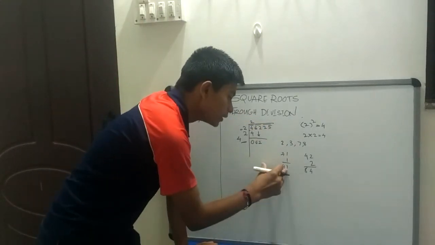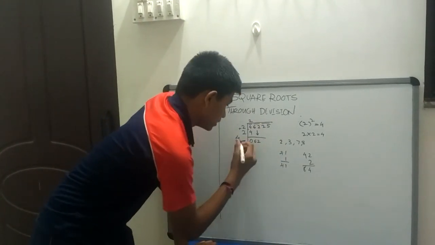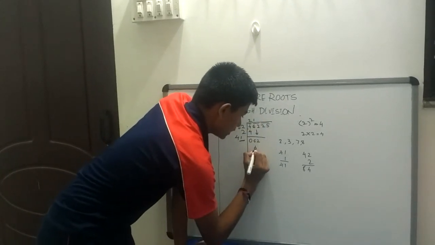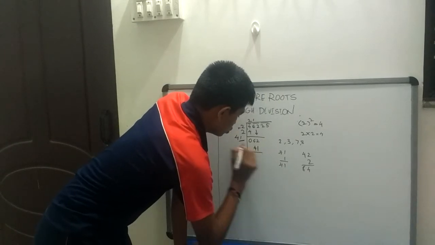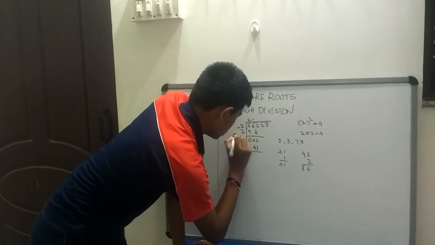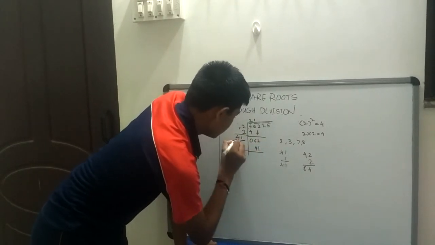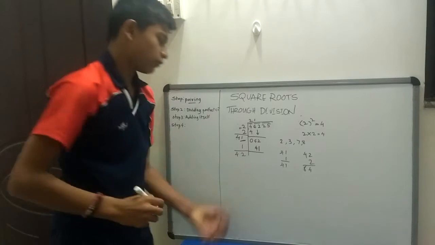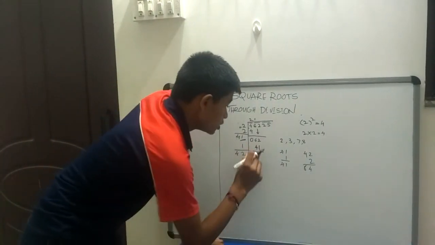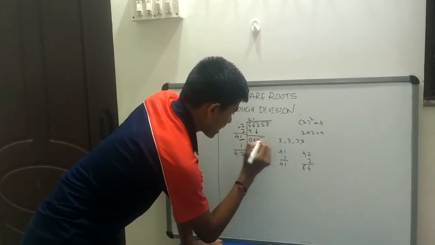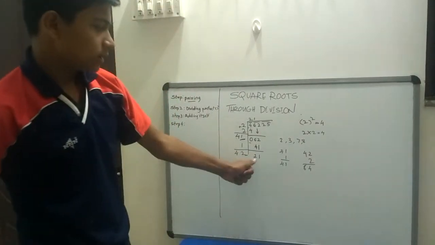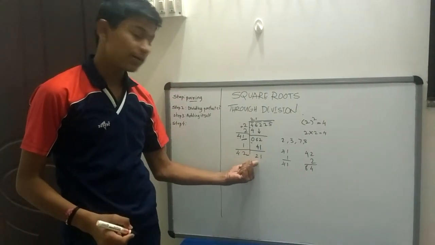So we will take 41 here. 41 ones are 41. We will add 1 with 1, so we will have 2, and this 4 will also be carried, so 42. Now we leave a place here and then subtract. The remainder 21 remains here.